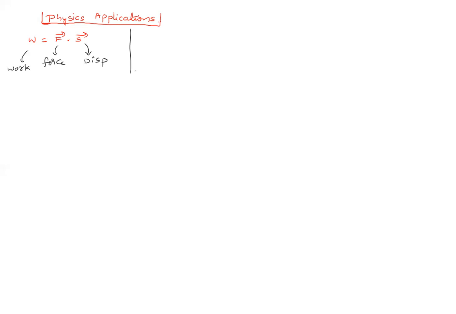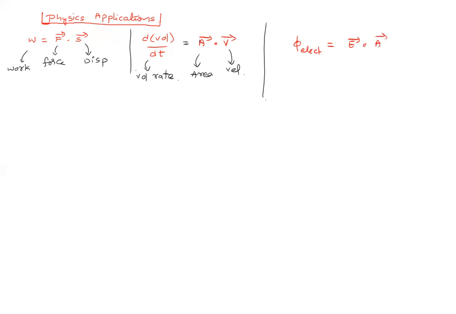Volume flux, which is the derivative of volume with respect to time and is also called volume rate, is a bar dot v bar, where a is the area of cross section and v is velocity. One more example is electric flux, which is electric field dot product with area. Similarly, magnetic flux is magnetic field dot product with area.